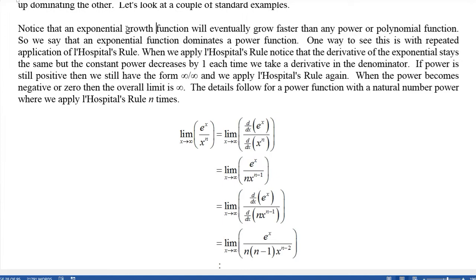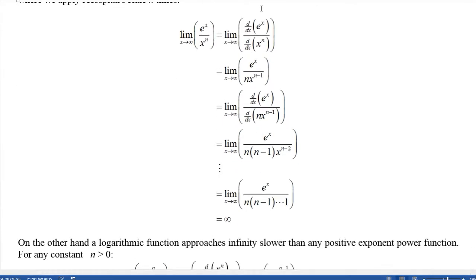In particular, you can see this worked out here. If this power is a natural number, then the first application of L'Hopital's rule gives us e to the x over n times x to the n minus 1. When we do the derivatives again, because we still have the form infinity over infinity, the derivative of e to the x is again e to the x. Now in the denominator we have n times n minus 1 times x to the n minus 2.